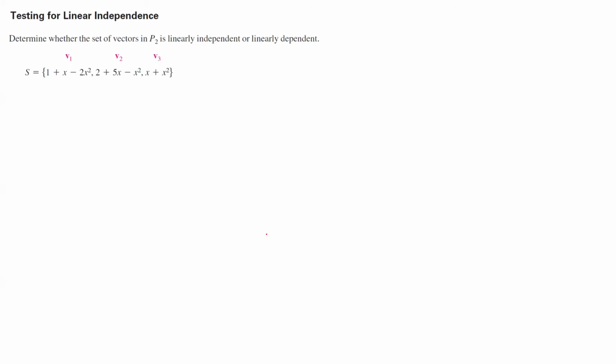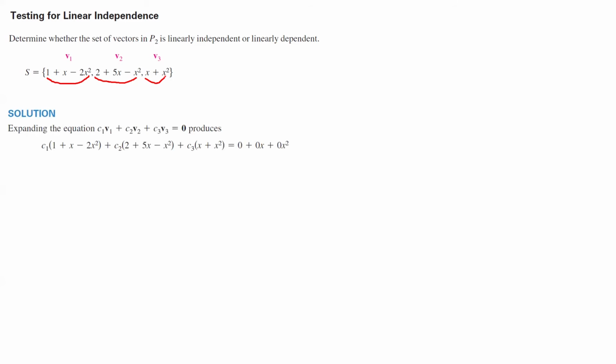Testing for linear independence. Determine whether the following set of vectors in P2 is linearly independent or linearly dependent. So the very first vector is just a polynomial of degree 2 or less. The second vector is another polynomial of degree 2 or less. The third vector is a polynomial of degree 2 or less.